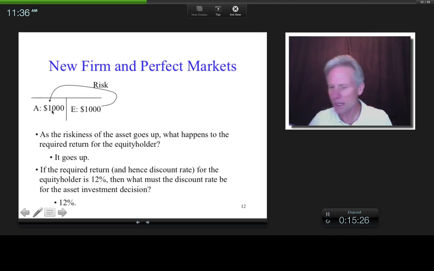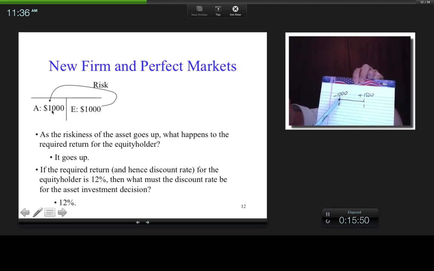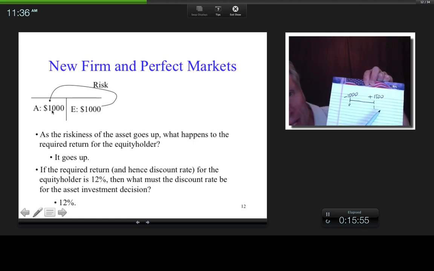So for example, with the example I just gave, I'll just draw a timeline really quickly. Give me a second. So minus 1,000 at time 0, plus say 1,500. Imagine that we've got minus 1,000, that's what they spend at time 0, because this company has a competitive edge, maybe this is a lemonade stand or whatever, they expect to get 1,500 in one period and that's the end of the project.